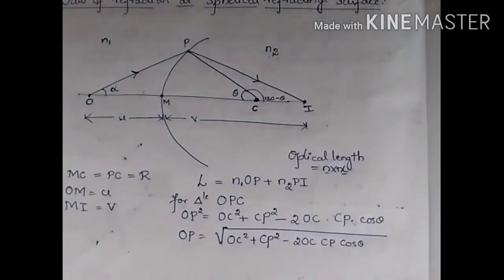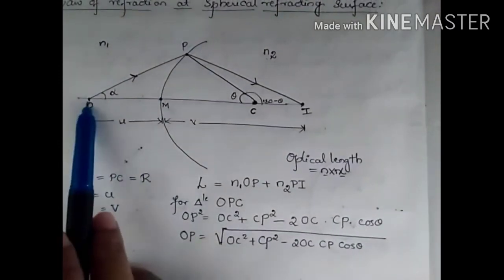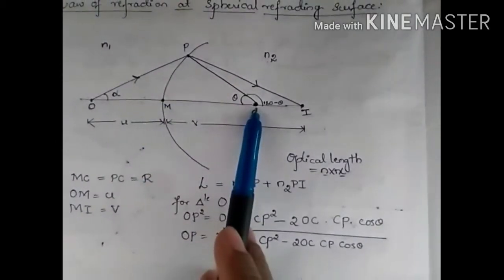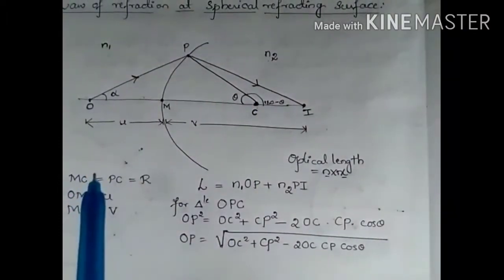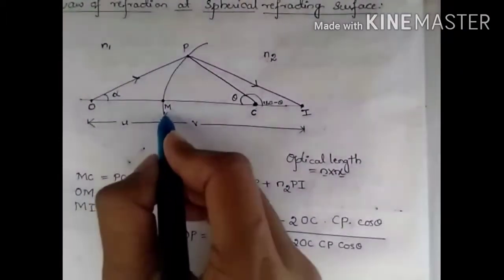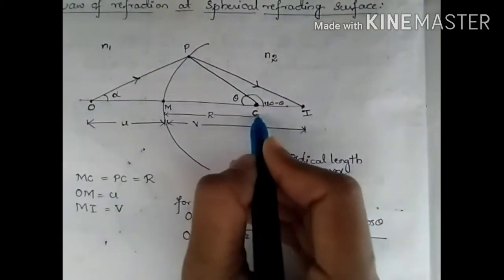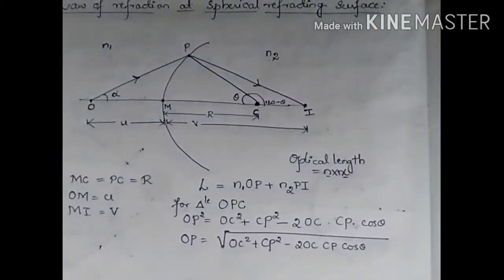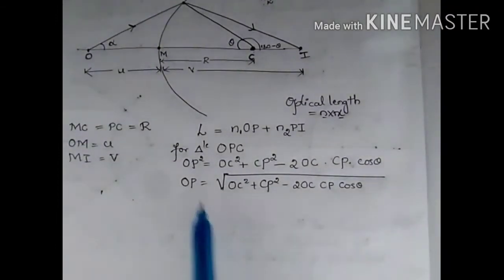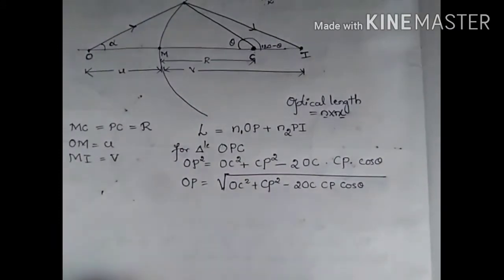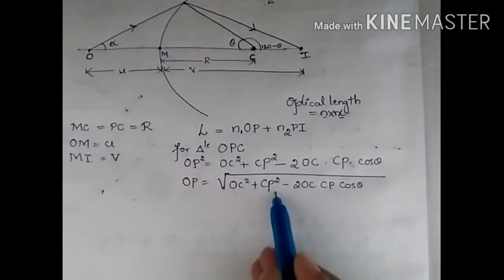From the diagram, you know what OC is. OC will be OM plus MC. Now MC is the radius of curvature, so this is R. Let us try to substitute these values in terms of U, V and R. So here we have OC, CP.